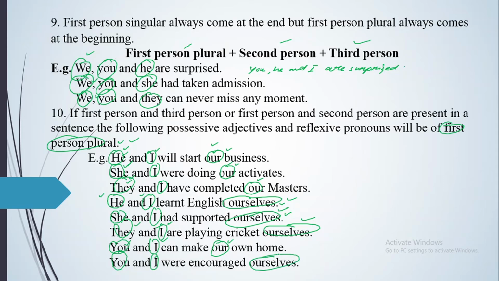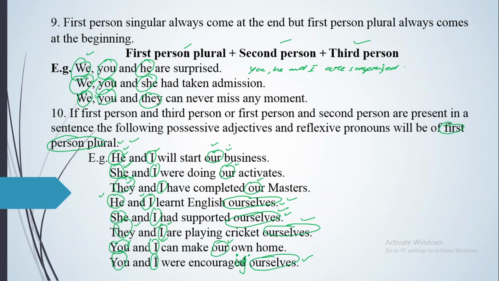Last example for the reflexive case: you and I were encouraging ourselves. So over there, you'll be using the reflexive case of first person plural. So whether it is third person and first person, over there you'll use the possessive adjective of plural.